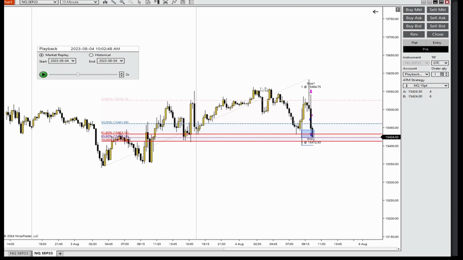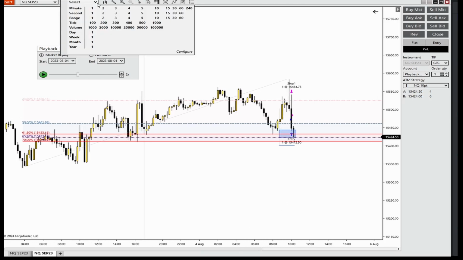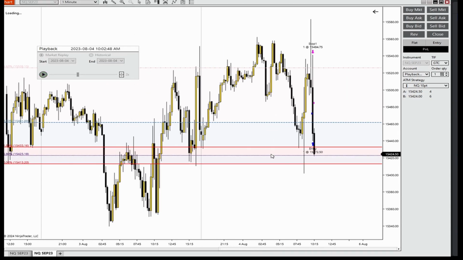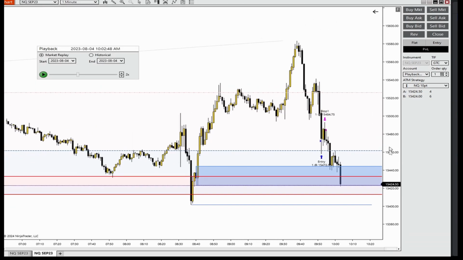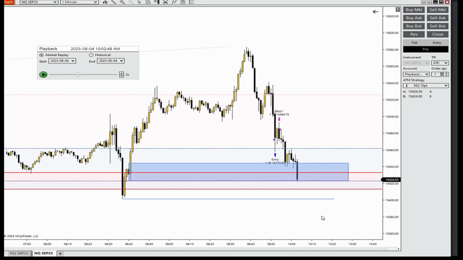Right? This failure here above this high is telling us it wants to go lower. Likely because there's some resting orders maybe underneath this low. We'll see. Right? So this is our intermediate time frame Wombo. We've got this low for sure.